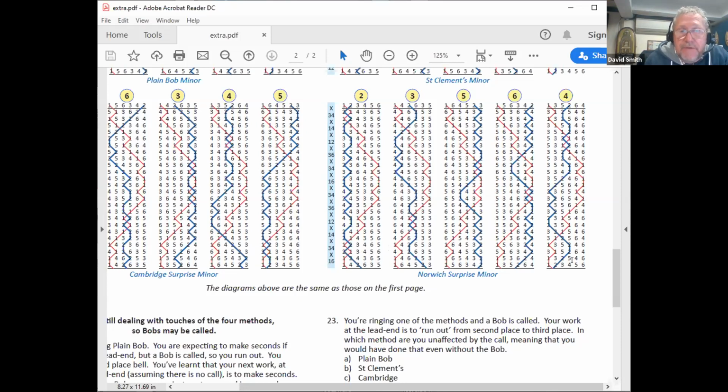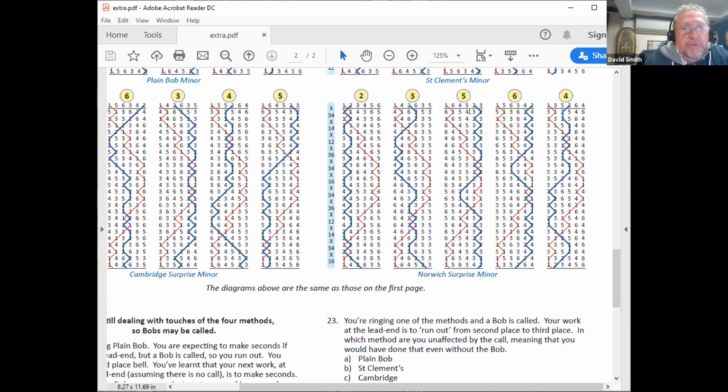Here, it's different. Here, when you're at the back, it's a 1/6 plain lead end. Therefore, you would be coming up here, we're doing this triple dodge that we've been talking about, and you're expecting to make sixths. But a bob's called, as a result of which these places swap. This bell in fourth place will make the bob. These 2 swap, which they would have done anyway. It's these 2 that are affected. And it's worth noticing exactly what happens here.